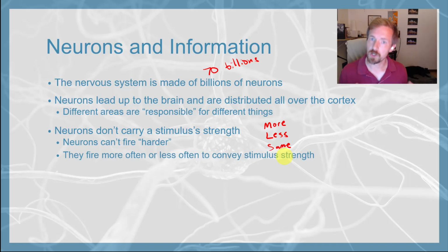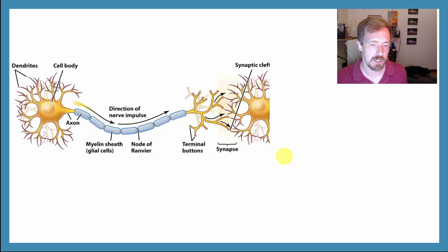When it comes to neurons, it can detect if neurons are firing more, it can detect if neurons are firing less, and it can detect if neurons are firing the same as they were. And that's what our brain uses to interpret what we are experiencing in the world around us.